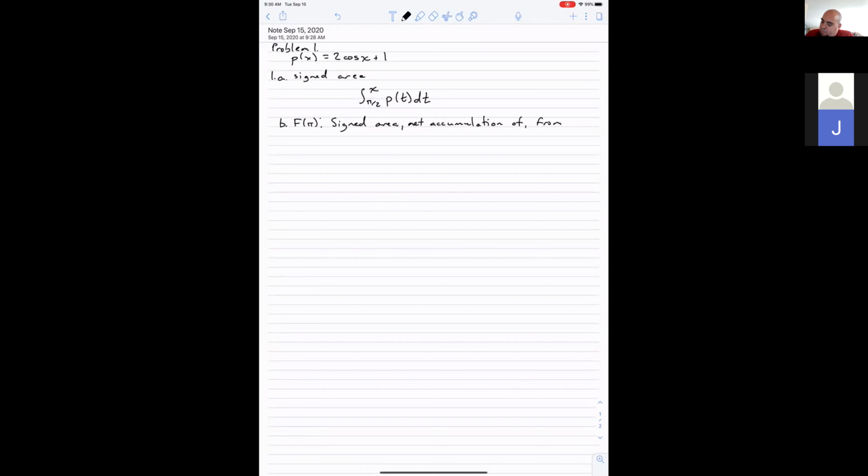So from x equals pi over 2 to x equals pi. And then it's the same thing for f of 2 pi, just from pi over 2 to 2 pi. The signed area accumulation. Once you can interpret one, you can interpret the other.